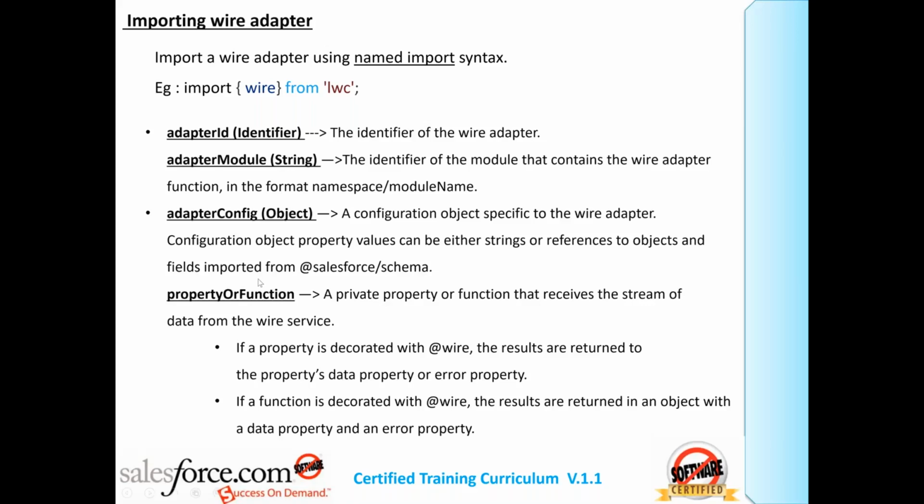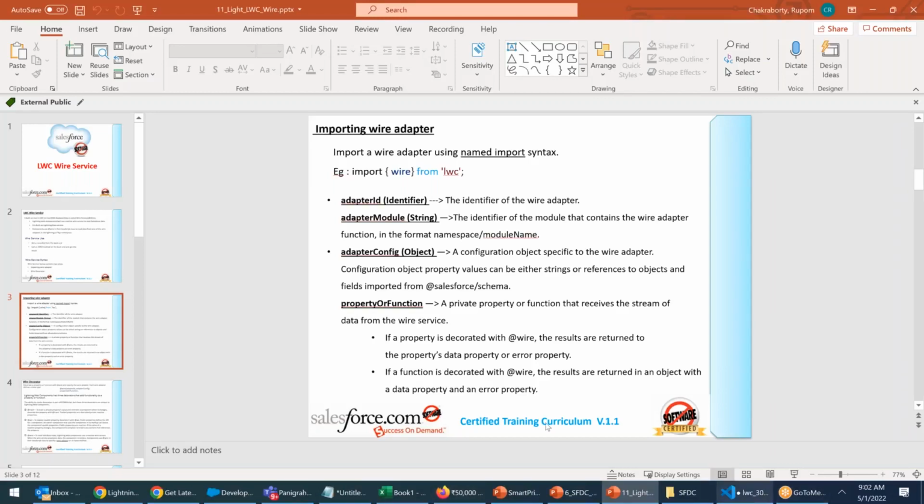Here, in my current example, it's a wire property.